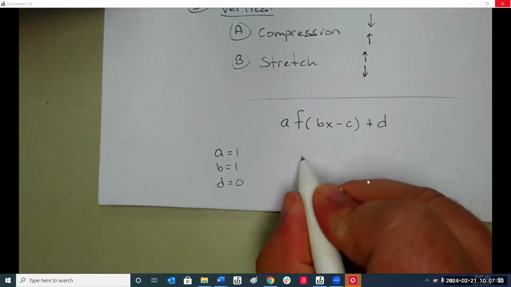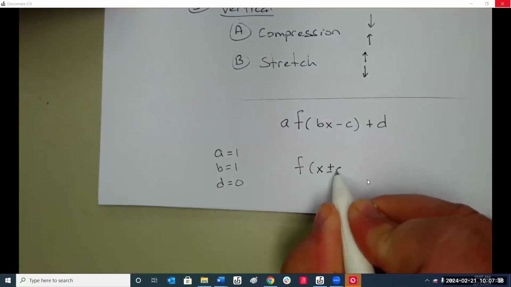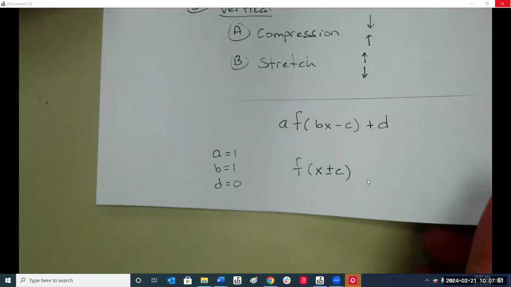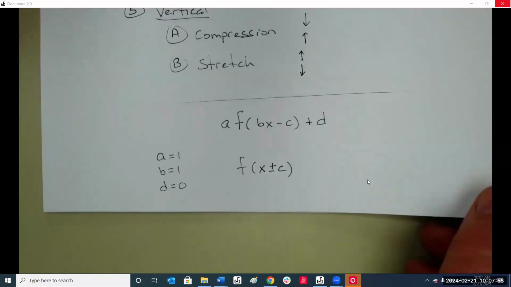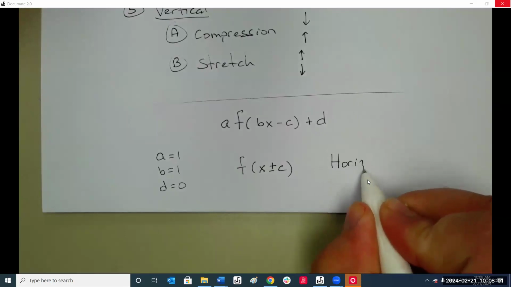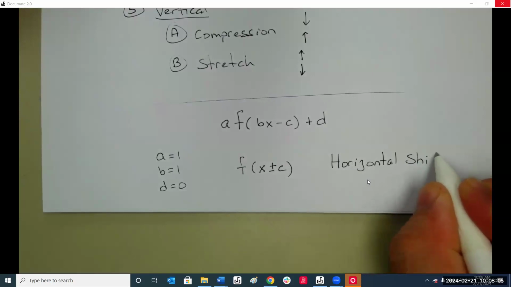So all we're going to look at is this. The C value could be positive or negative. These are the horizontal shifts.